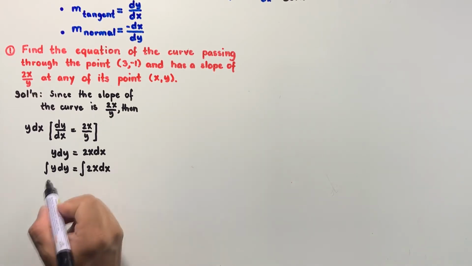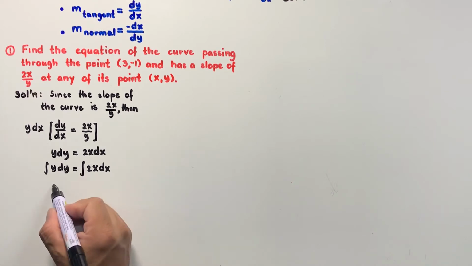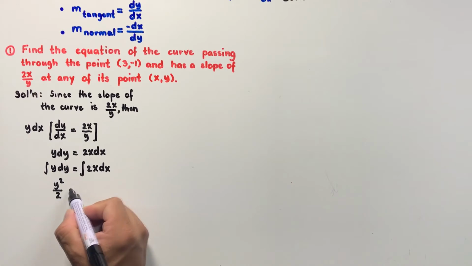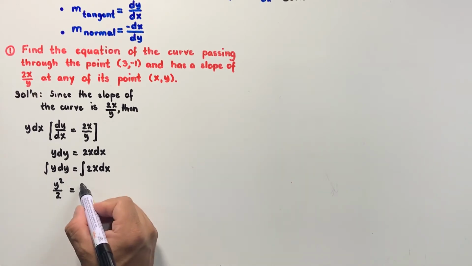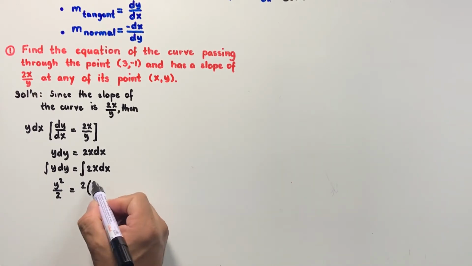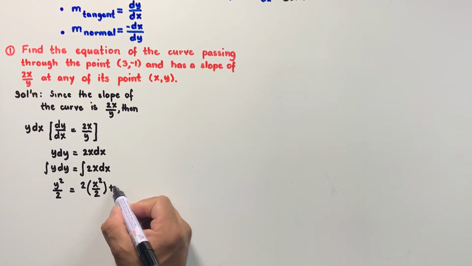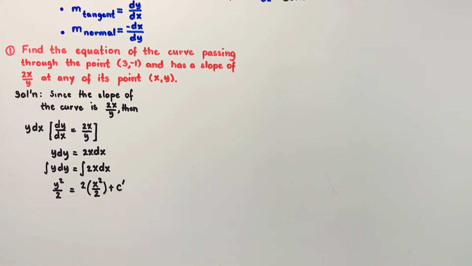And we know by the power rule that the integral of y is y squared over 2. And also this one is 2 times x squared over 2 plus the constant of integration, say c prime. Simplifying this equation, we have y squared over 2 equal to x squared plus c prime.